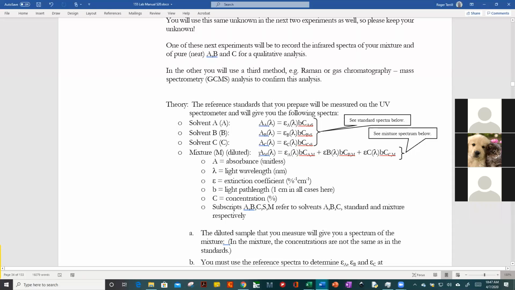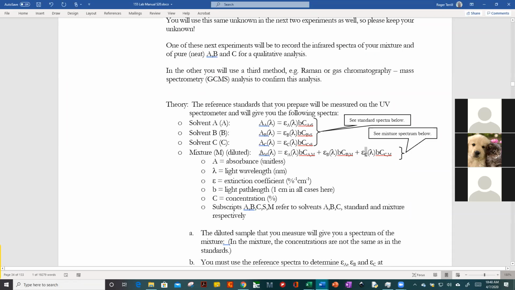Then the mixture has epsilon of A times C sub A in the mixture, and epsilon of B times C sub B in the mixture, and epsilon of C times C sub C in the mixture.